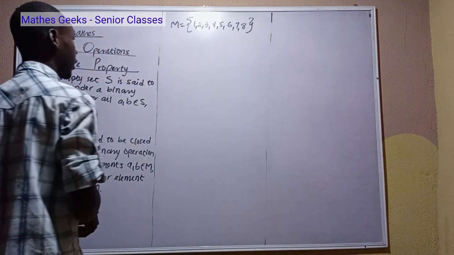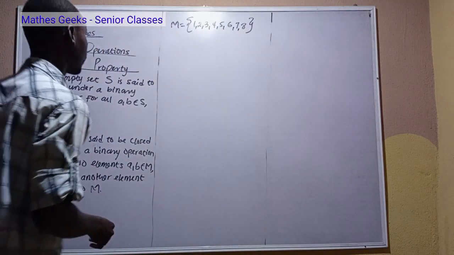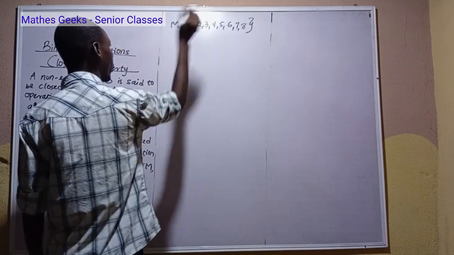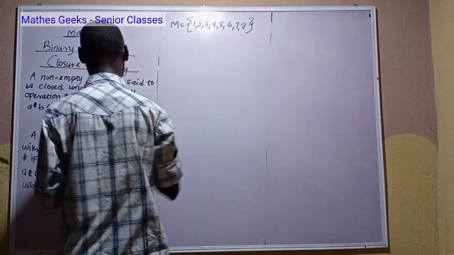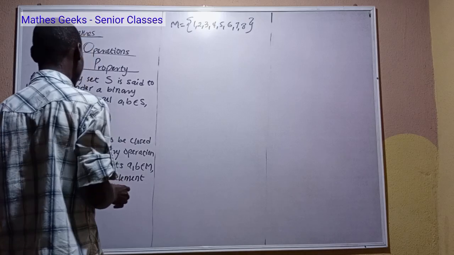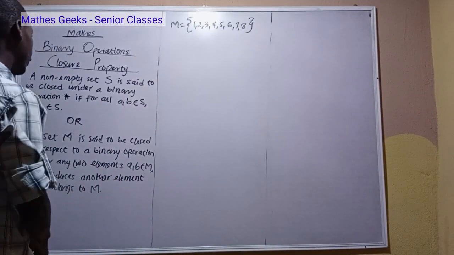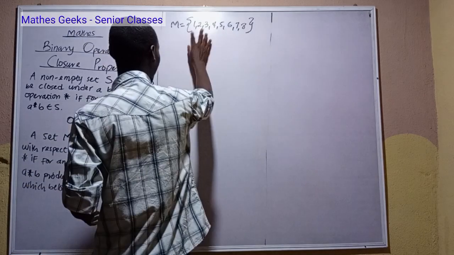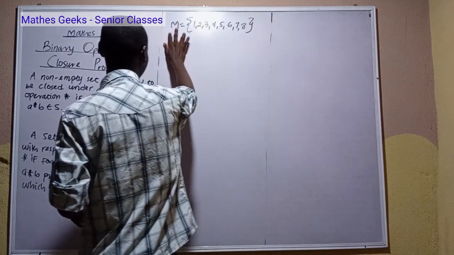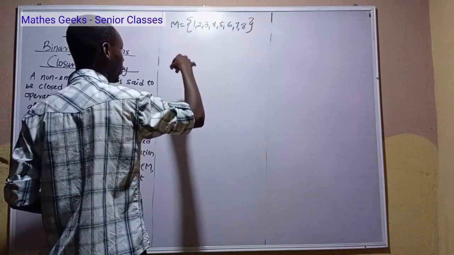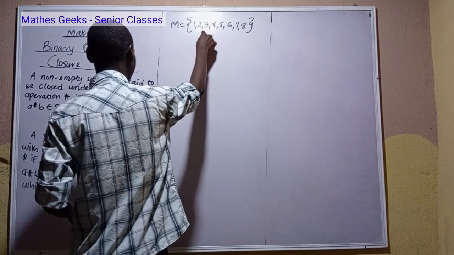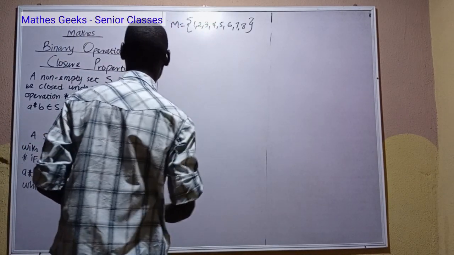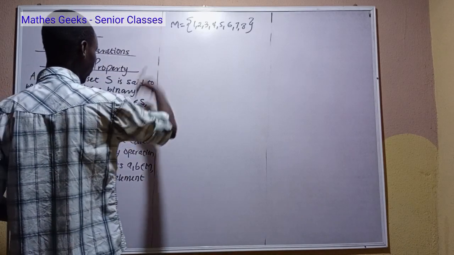These are the members of the set M. Now, the closure property holds that if we combine any two elements from the set M, the binary operation has to do with a rule of combination between just two elements. So if there's a rule of combination between any two members of this set M, such that the result of that combination also belongs to this set M, that means that binary operation is closed under the operation of that binary operation.